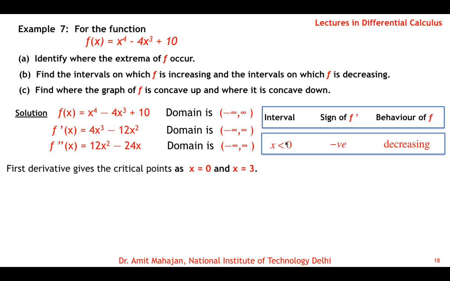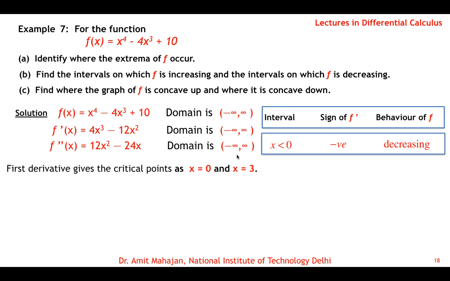So the first interval is when x is less than 0, that means minus infinity to 0. We can see the sign of the derivative by using any x value in this interval. Say we use x equal to -1 and substitute it here; you can see that the sign of the derivative is negative, so the function is decreasing in that interval. Similarly, the second interval is 0 to 3, so you can choose any x value between 0 and 3, say 1 or 2, or maybe decimals, and see the sign.